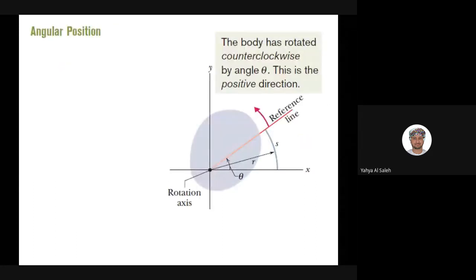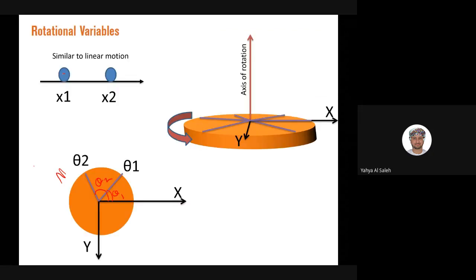When we look at linear position, we don't have an issue. This is the point x1, this is x2, this is x3. Defining this distance is not difficult. Delta x plus delta y, it's not an issue.